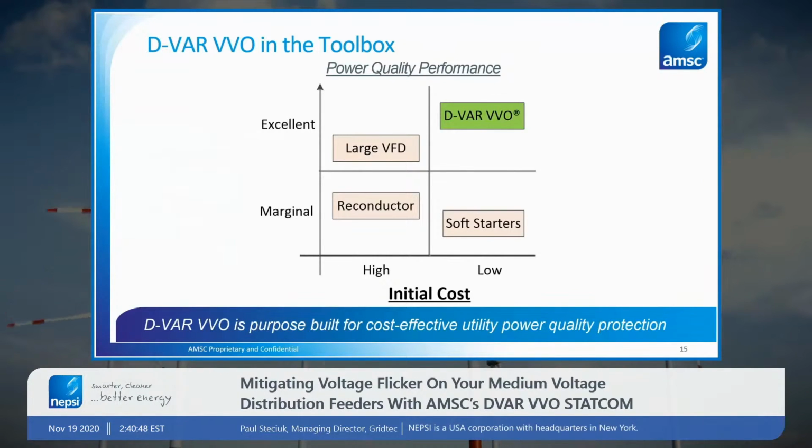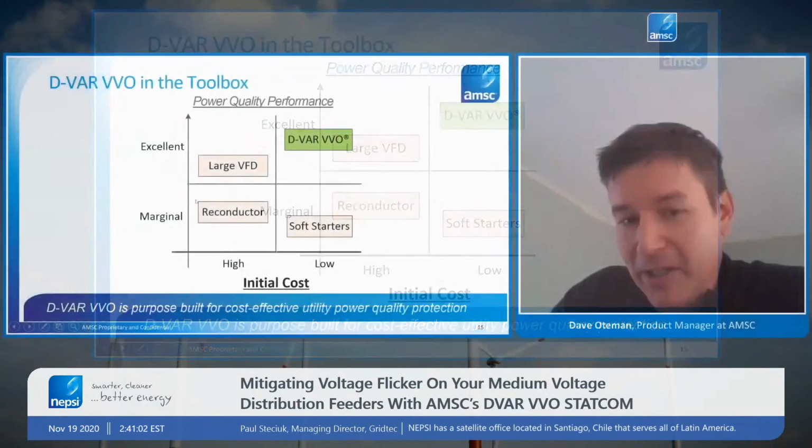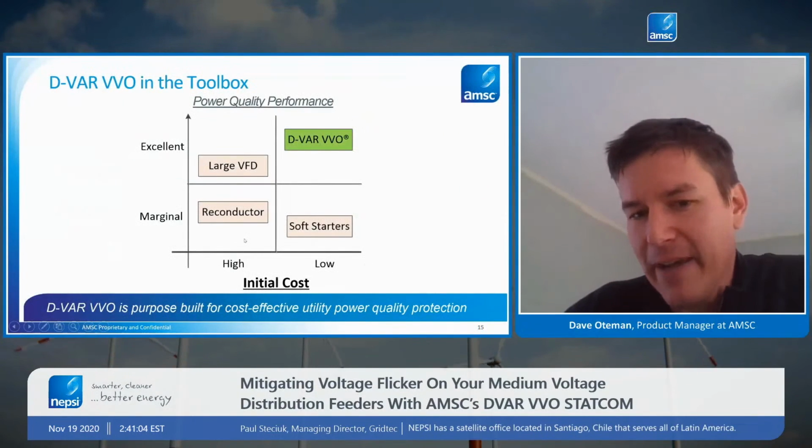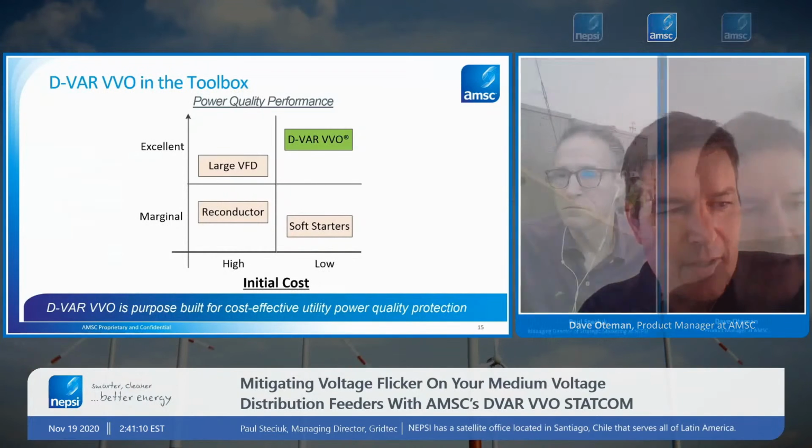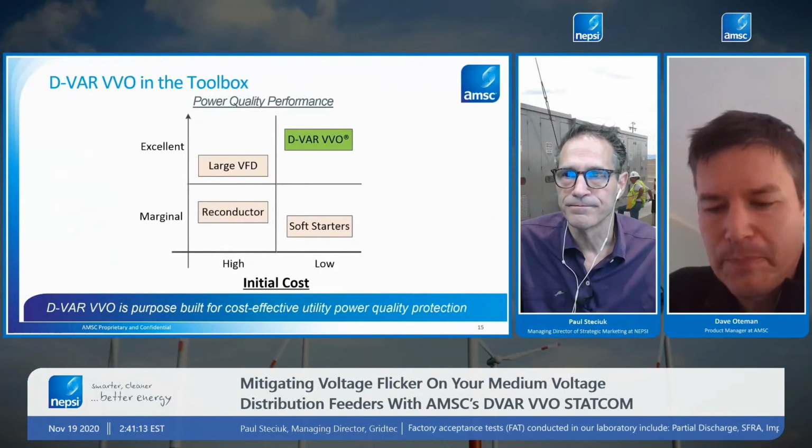And then there are other considerations such as harmonic mitigation that can drive up project costs. And especially as these motors get larger, it starts to become advantageous in terms of cost. And then lastly, reconductoring really is not effective, again, because this is a reactive current problem. Reconductoring is really just going to address a real power problem.